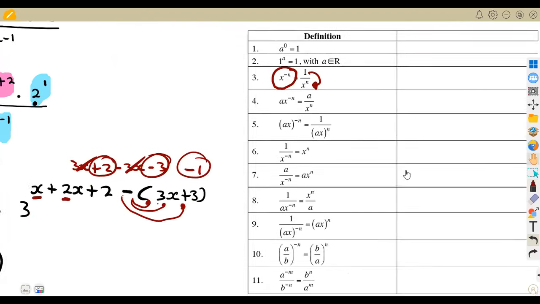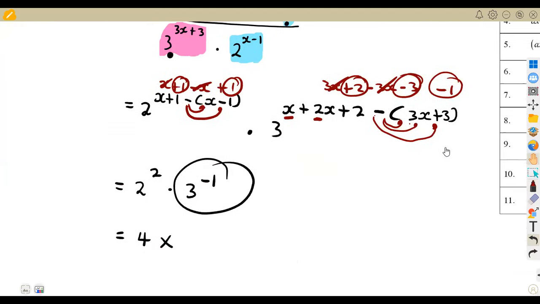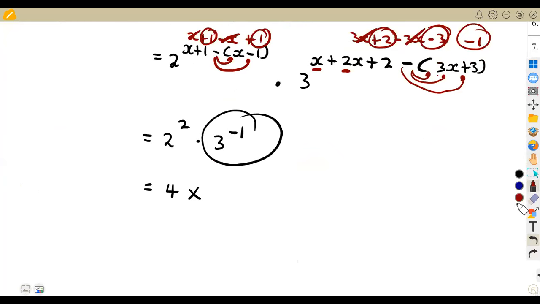So wherever we have a negative exponent like this, we can write it as 1 over. So this is 1 over 3 to the exponent of 1, of which 3 to the exponent of 1 is the same as 3. So we can multiply. Remember, 4 as a whole number is the same as 4 over 1. So you can multiply 4 times 1, which is 4, over 1 times 3, which is 3.